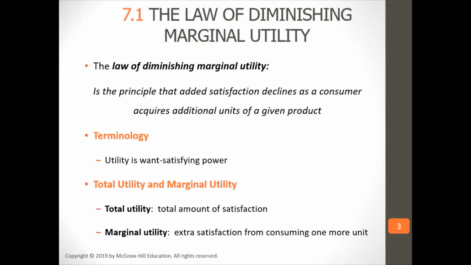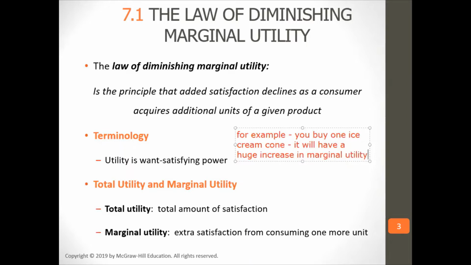Diminishing marginal utility is that the added satisfaction declines as the consumer acquires additional units of a given product. For example, if you buy one ice cream cone, it will have a huge increase in marginal utility.